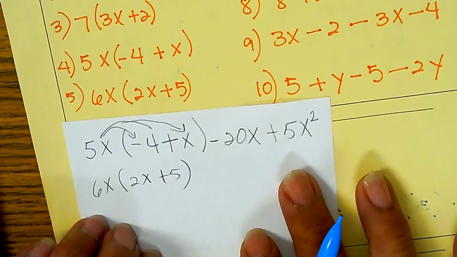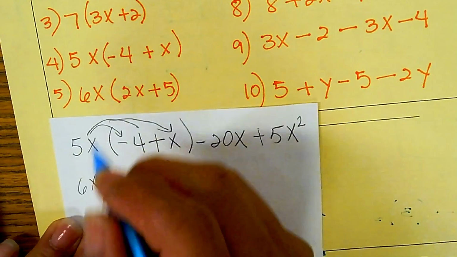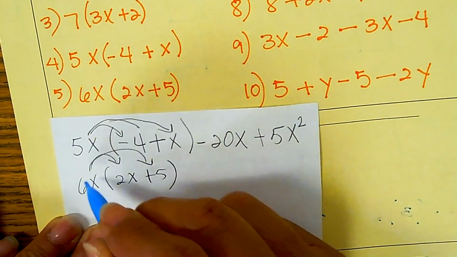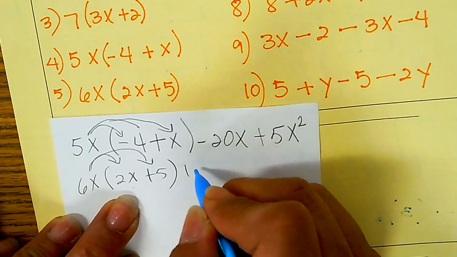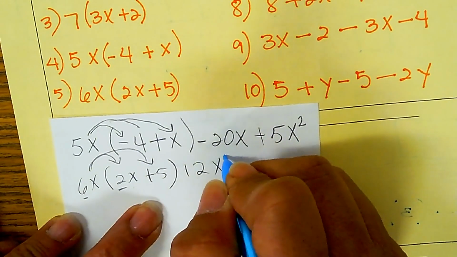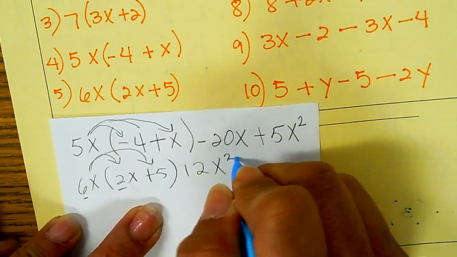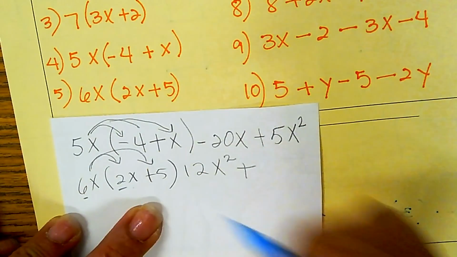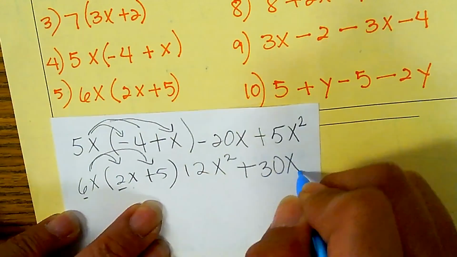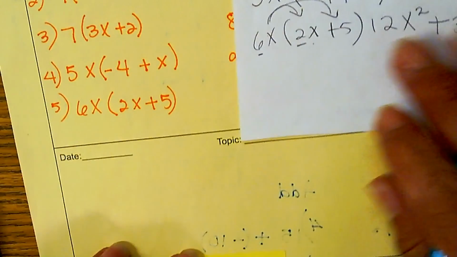Can everybody see it? We have a distribution here. 6x times 2x will give us 12x to the second power, plus 6 times 5, 30x. Very good, you guys.